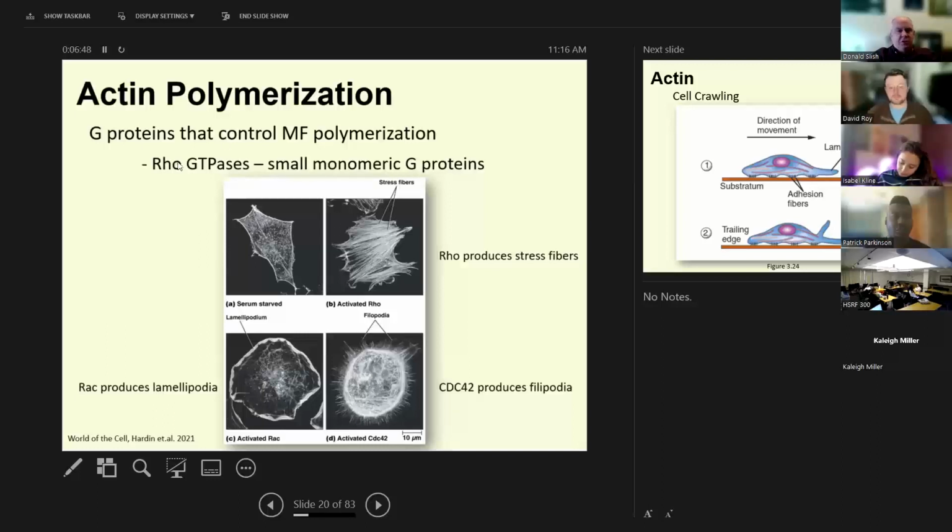They're all very similar in structure. So Rho is producing stress fibers, Rac produces lamellipodia, and Cdc42, in addition to branching, is producing filopodia. So basically, when a cell gets activated, all of these G proteins get activated, and the cell just rearranges its cytoskeleton to start crawling.